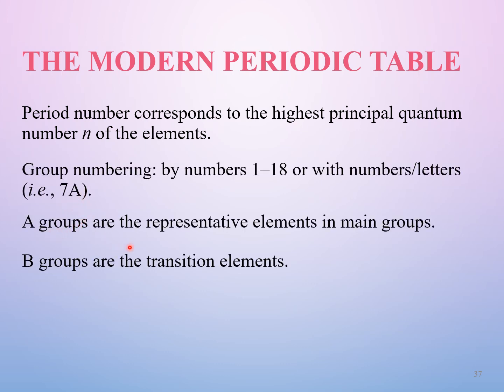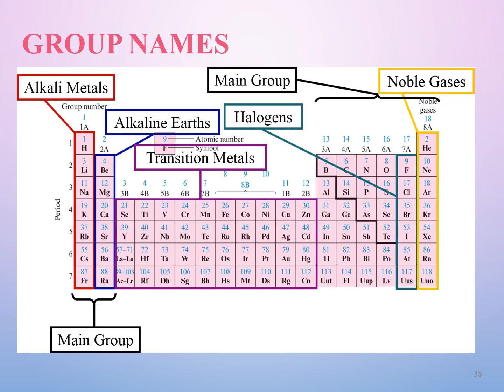And then we have the group numbers. Obviously, groups are based on similar elements, because they have the same valence electrons, okay? And then whenever you have the A groups here, these are the main group table, and B groups are the transition elements. We mainly focus on the A groups. I don't even talk about the B groups very much. So right here, these are my B groups that we talked about.